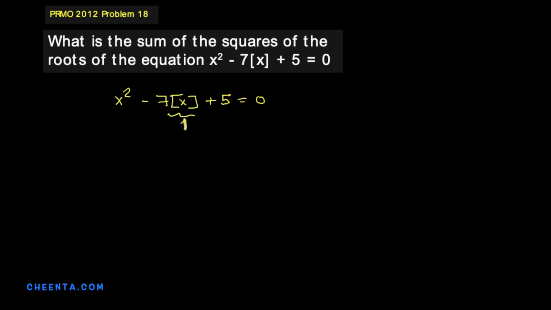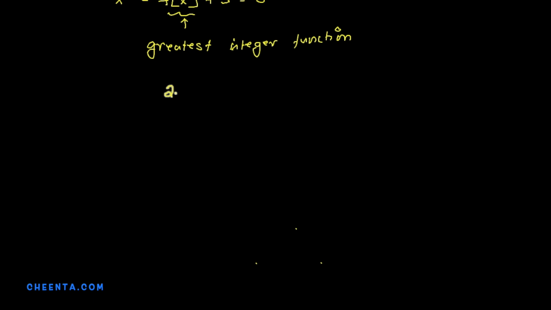What does this mean? Well, it is sometimes called the greatest integer function. So this does a very simple thing. If you give it a number, let's say 2.3, and you do the box of it, it will give the greatest integer smaller than 2.3.